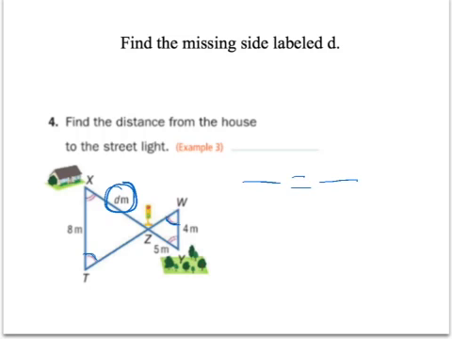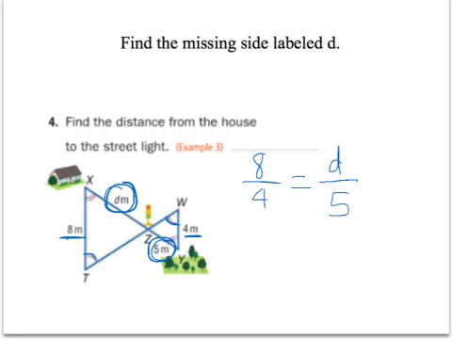And so those angles correspond to each other, and so this triangle has kind of been flipped around. And so the 8 meters and the 4 meters are our corresponding sides, and our D meters on the bigger triangle and our 5 meters are corresponding sides.